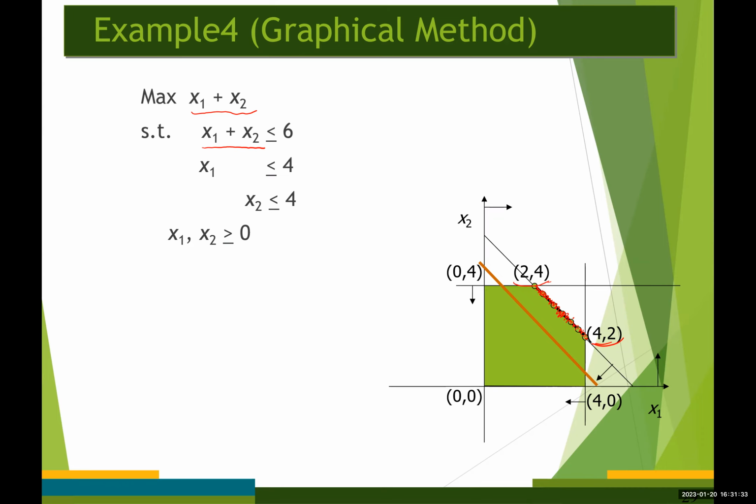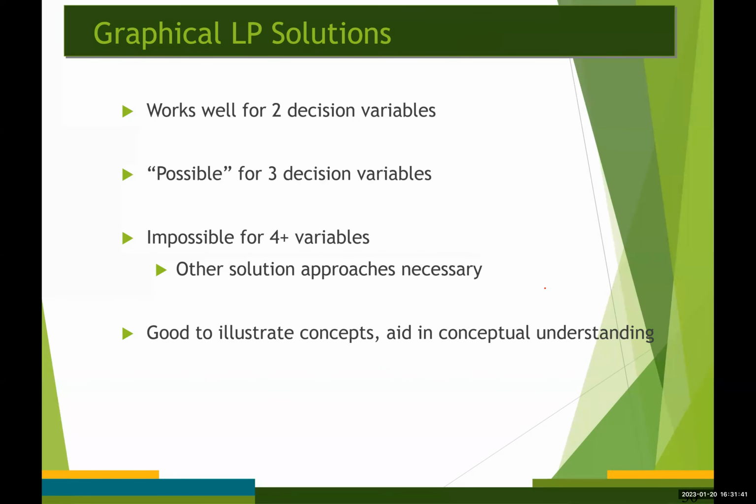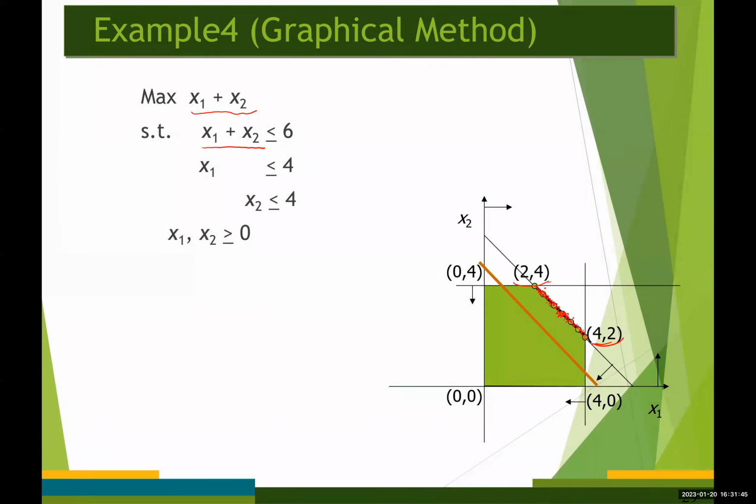Actually, we have an infinite number of optimal solutions in this case. So in this case, all of the points in this dark line segment are optimal.